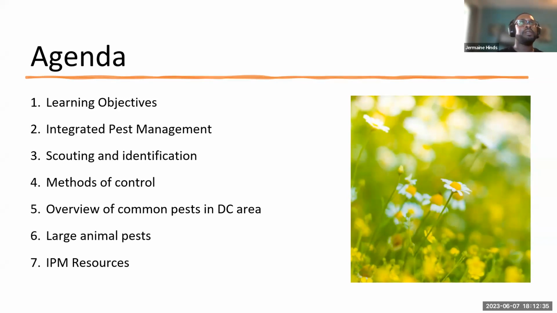Then we'll follow up with the different types of pests you're likely to encounter in your farm or garden in this DC area, including some small insect, plant, and disease pests, ranging all the way up to large animal pests. And then I'll leave you guys with some IPM resources.